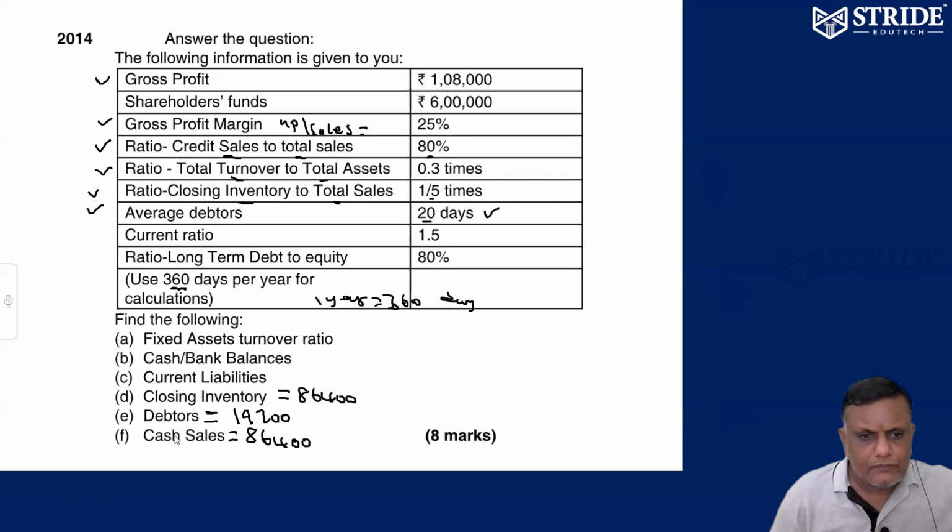That's it. Okay. Next one, current liability. Okay. Next one. We'll go with this one. Long-term debt by equity 80%.